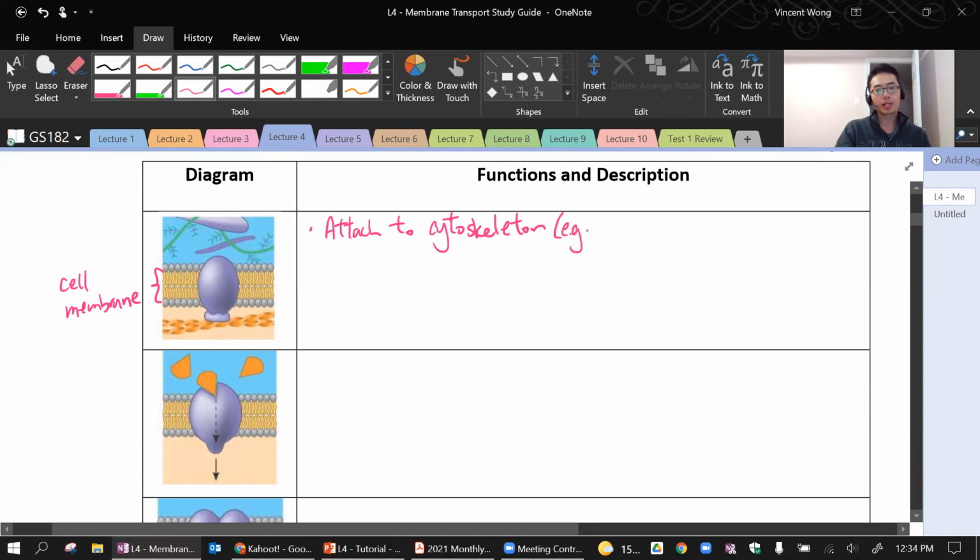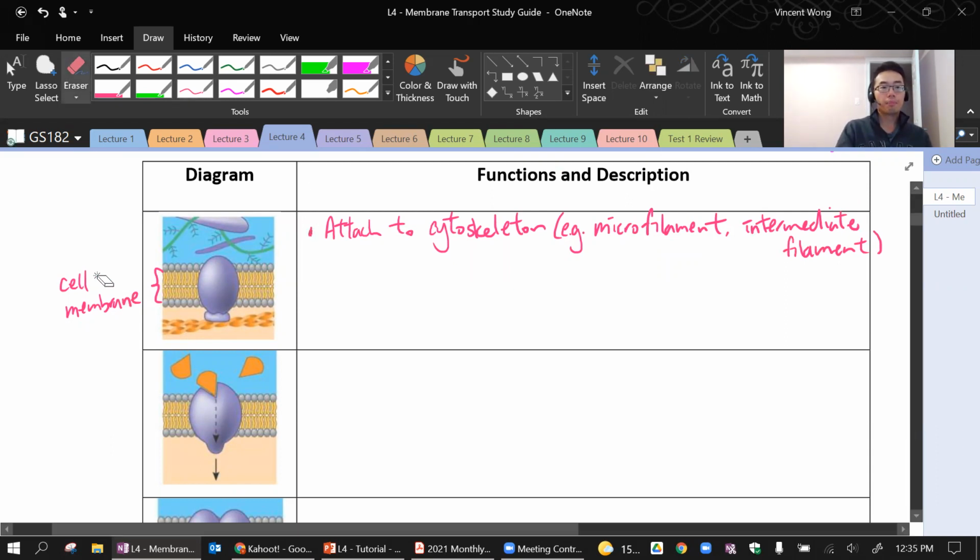We learned about the cytoskeleton last week. Examples of the cytoskeleton would be microfilaments, intermediate filaments, or the other one, microtubules.